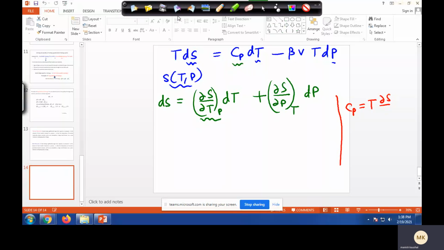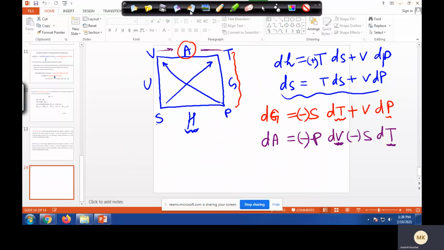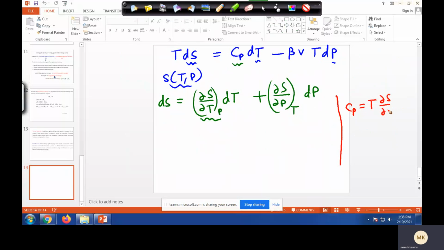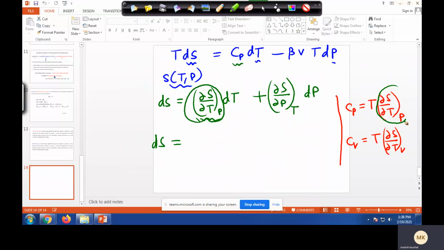So Cp is T dou S by dou T at constant P. And Cv, just remember, is T dou S by dou T at constant V. Anyway, dS is equal to this. You can simply see from here, Cp by T dT.